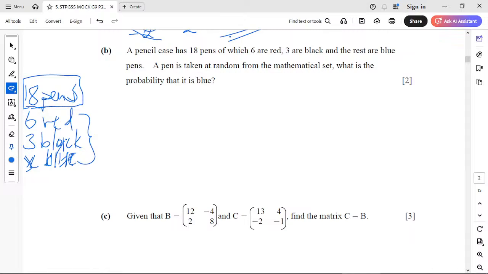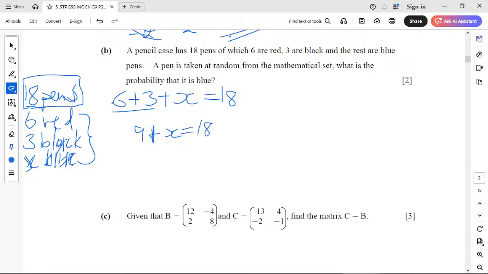Therefore, we can say 6, the number of red pens, plus 3, the number of black pens, plus X, the number of blue pens, is equal to 18. So first we evaluate this. 6 plus 3 gives us 9, plus X is equal to 18.